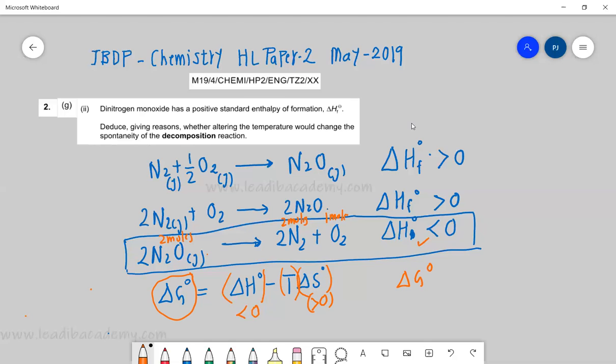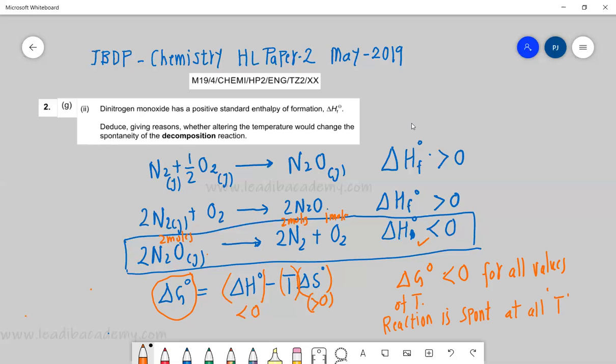Delta G naught will always be less than 0 for all values of T. So what does it mean? It means the reaction is spontaneous at all T.